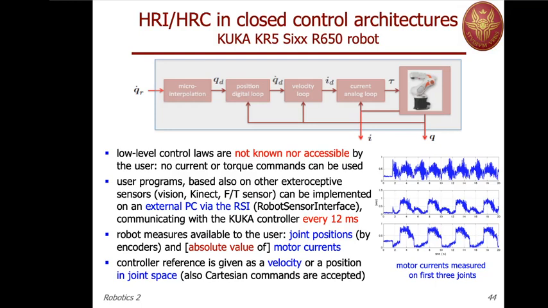There's a further complication in this case because in fact this data coming from the robot sensor interface are only absolute values of the motor current. In fact, as you can maybe recognize from the profile, you always have positive current. We made some experiment in which we rotate one joint in one direction and then in the other direction, and the current was still always positive, which is counterintuitive.